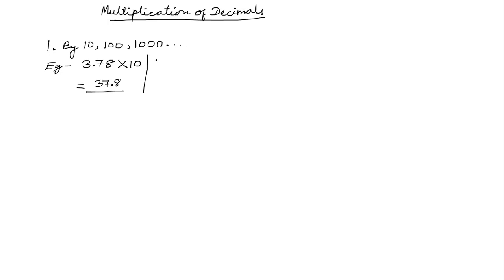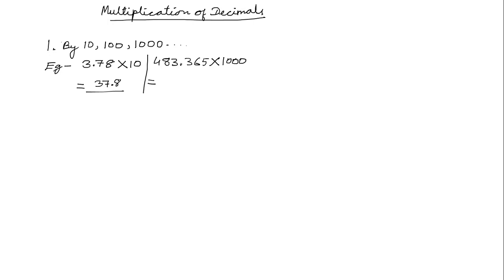Again, suppose you have another example, 3.365 multiplied by say 1000. Now what will be the answer? Again, you see how many zeros are there with 1000. There are 1, 2, 3 zeros with 1000.